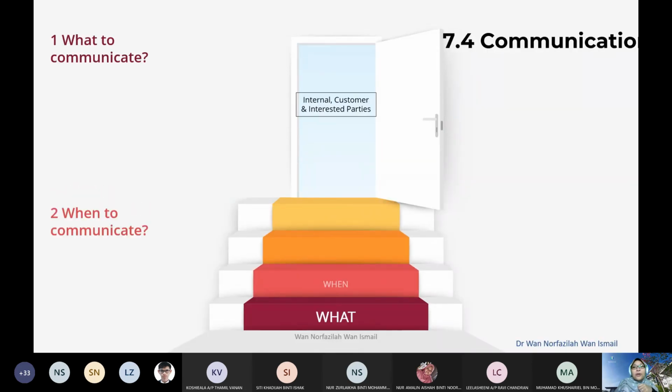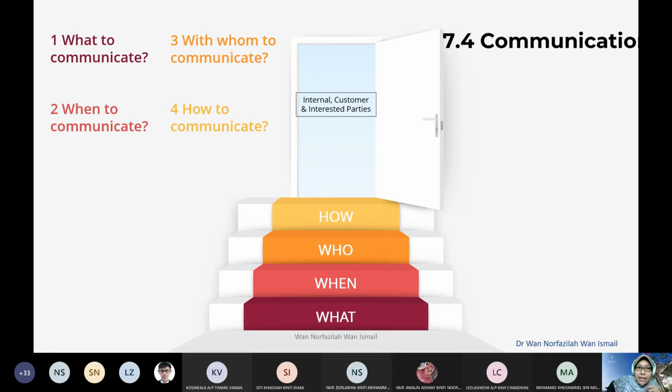And then 7.4, communication. Just now we were talking about how the lab manager gives awareness to the people in the lab. Not only awareness, okay, banyak lagi benda yang perlu leader communicate with all the team members.